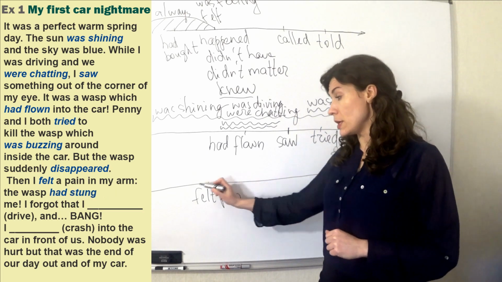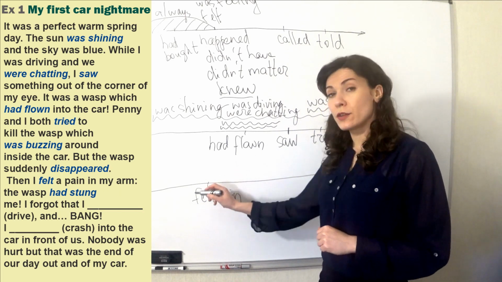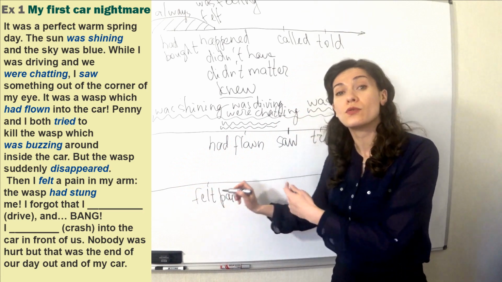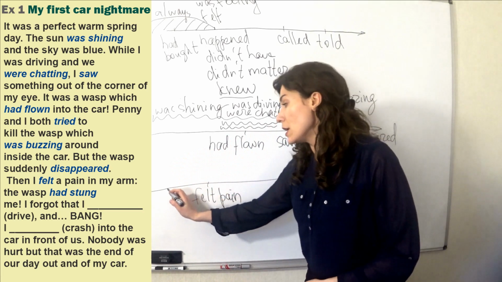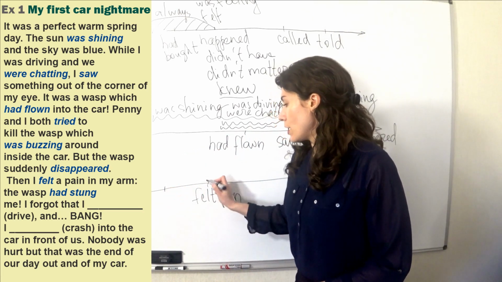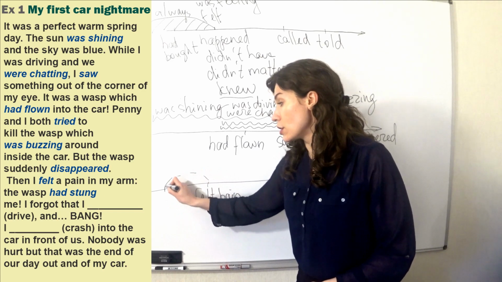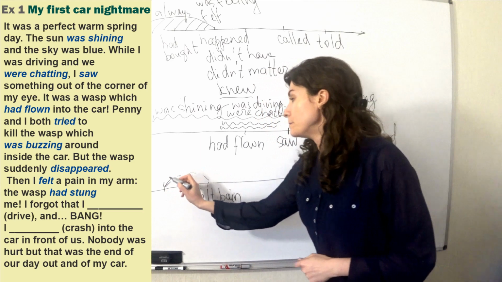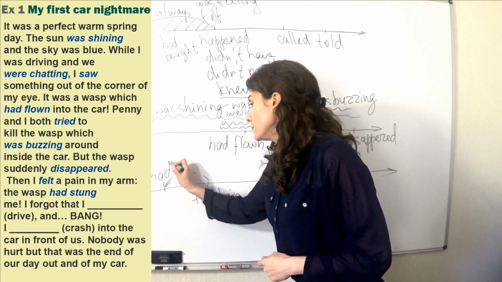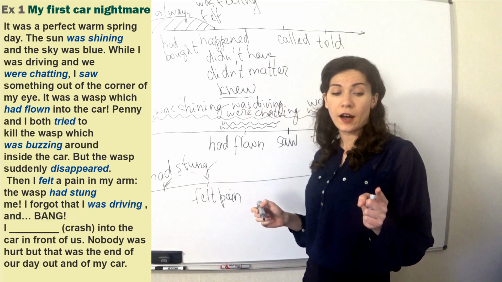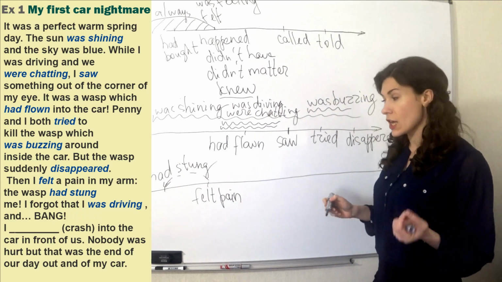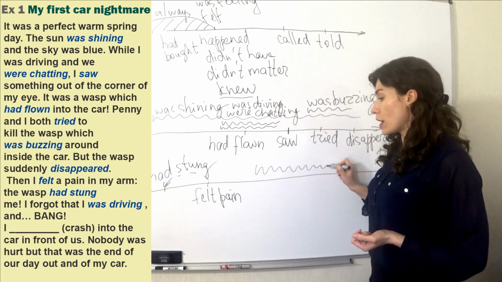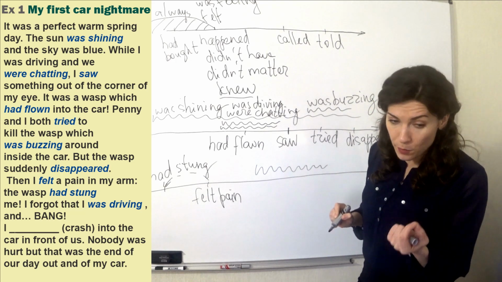But what we mean here is that I felt the pain because the wasp had stung me before, and that was the reason why I felt this pain in my arm. That's why I need to make this transition to the previous action to explain the nature of the pain. Had stung. I forgot that I was driving. Again, I'm describing a process because this process of driving was interrupted by something.